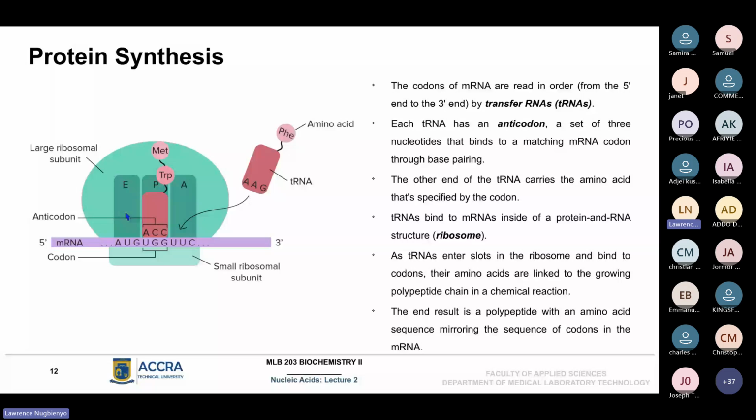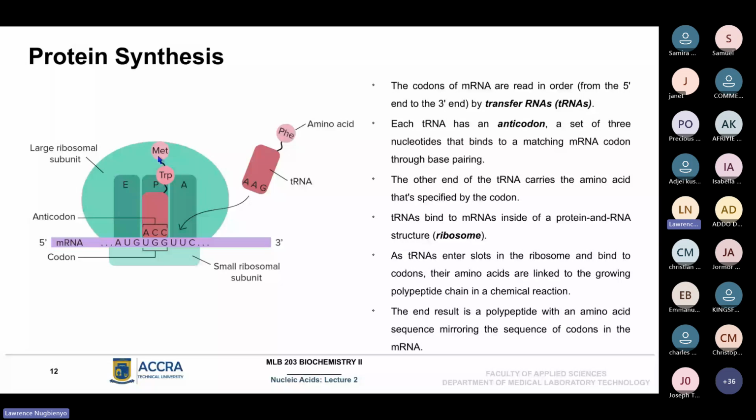Now the P site, as you can see clearly, this is where peptide bonds are being formed between the amino acids. So the process in the P site is forming a peptidyl.